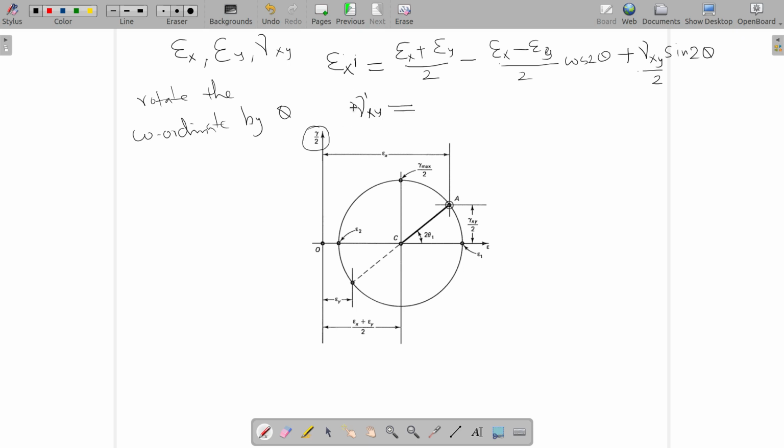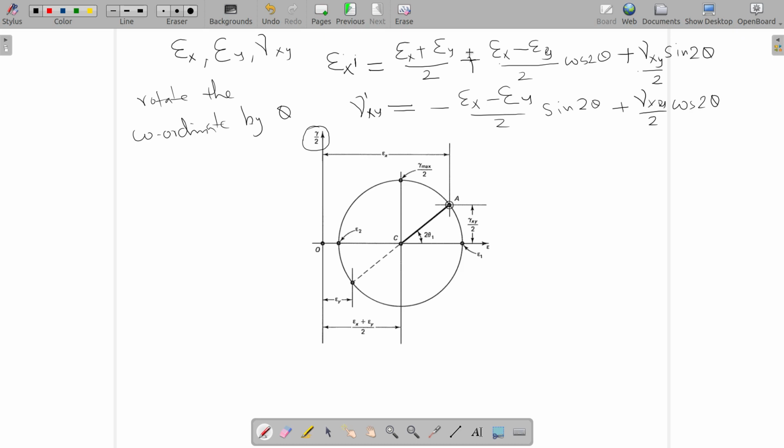So the shear strain for the rotated coordinate system will be, okay, I think this is plus. Yeah, of course that is plus. Epsilon x minus epsilon y by 2 sin 2 theta plus gamma xy by 2 cos 2 theta.